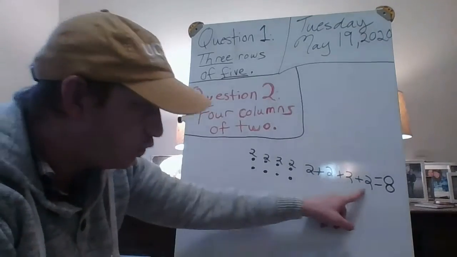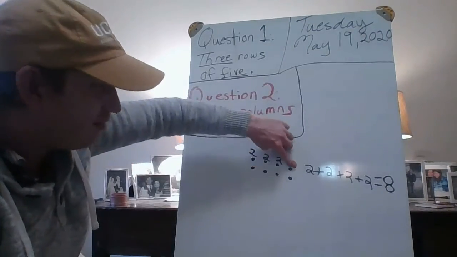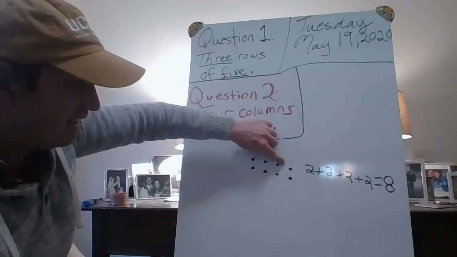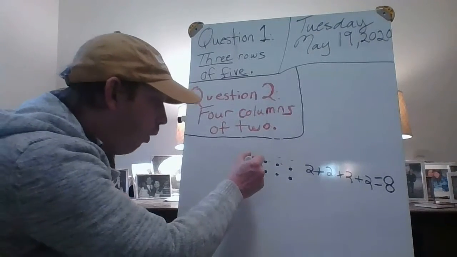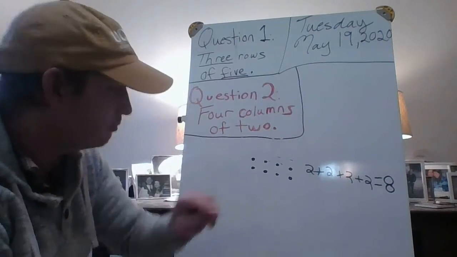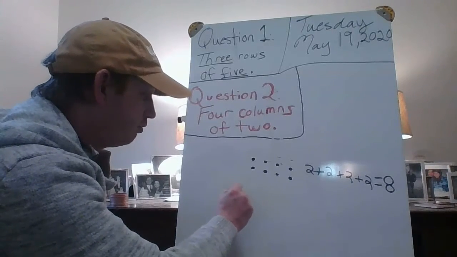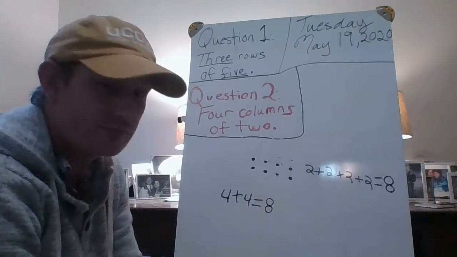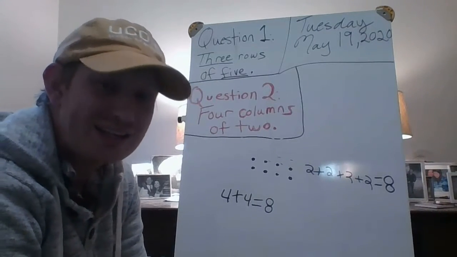So if we have 2 4 times, the other way of that is just going to be the opposite. Instead of having 2 4 times, we're going to have 4, 1, 2, 3, 4, 2 times. 1, 2. So we have 4 plus 4 equals 8. They are both going to give you the same answer.